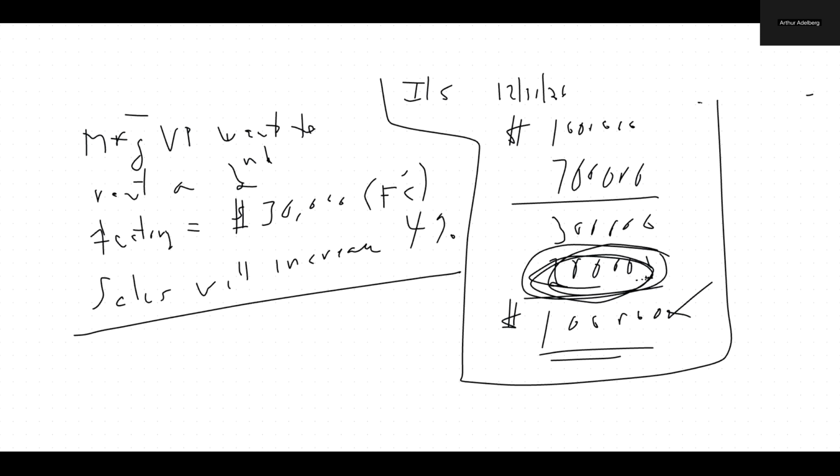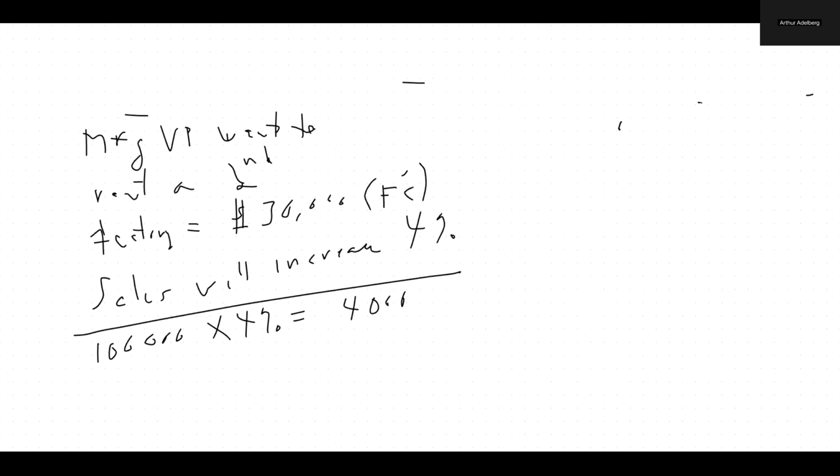Okay, so currently we're selling 100,000 units. They're going to go up 4%. So that means we're going to have 4,000 additional units. Now I want to have a decision-making schedule that I'm going to give to management.